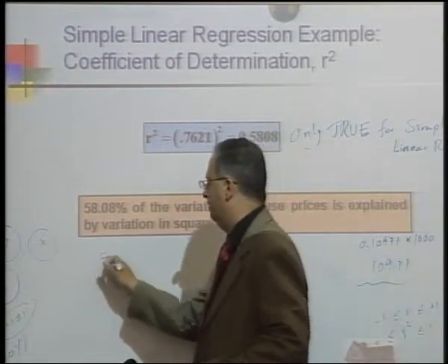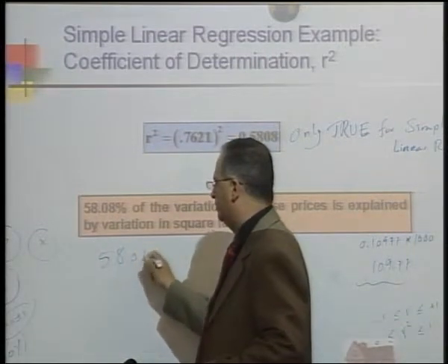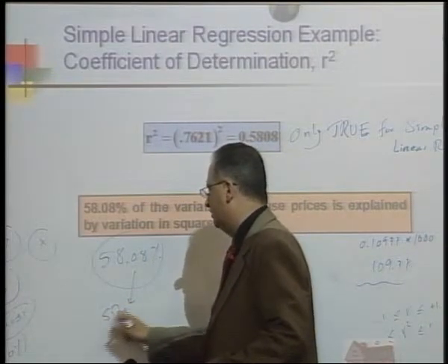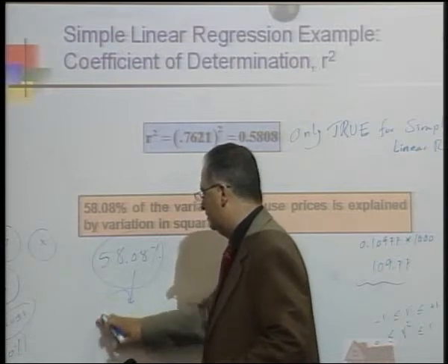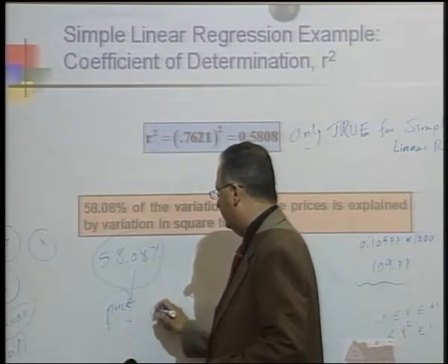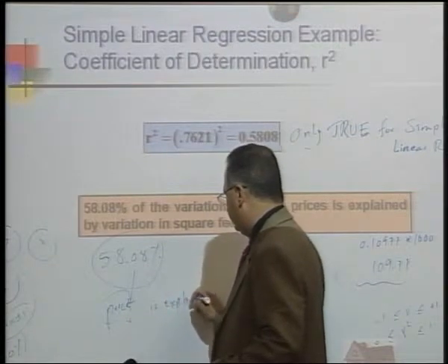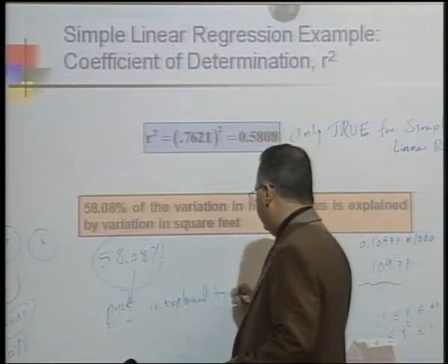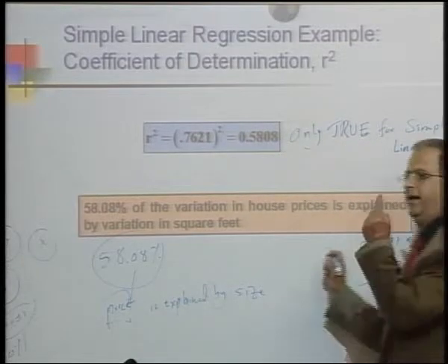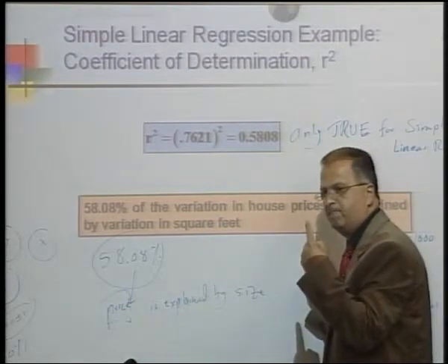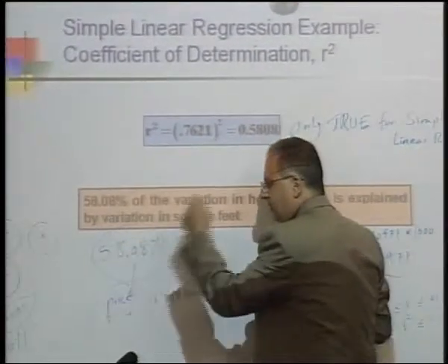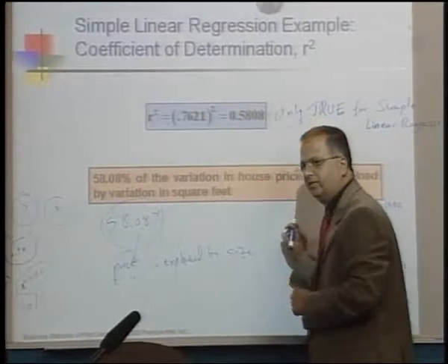So around 58% of the variation in the price of the house is explained by its size. So size by itself, size only, explains around 58% of the selling price of a house.